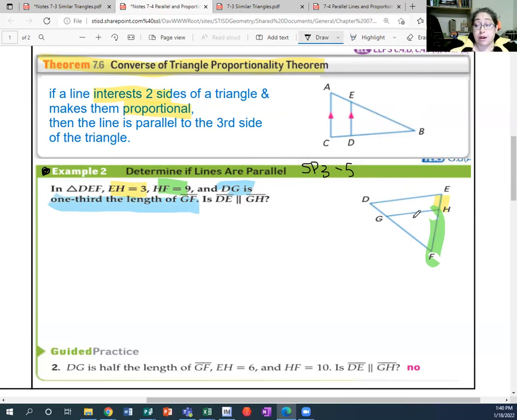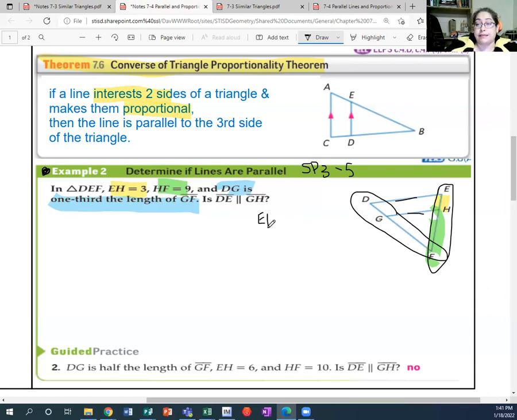If these are parallel, then I should be able to write this as a fraction, and I should be able to write these as a fraction and be able to show somehow that those fractions are equal. If I can do that, I can say that these lines that I'm interested in are parallel. Okay, let's do this side first that has numbers, because that's the easiest thing for me to deal with.